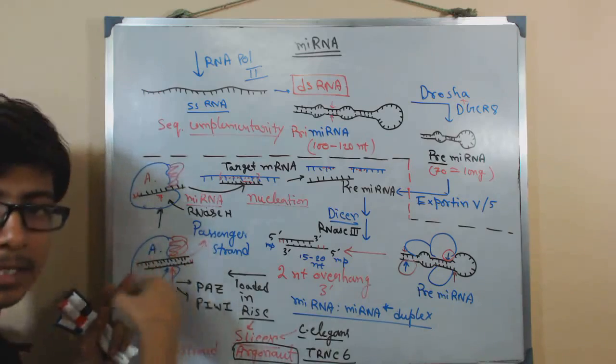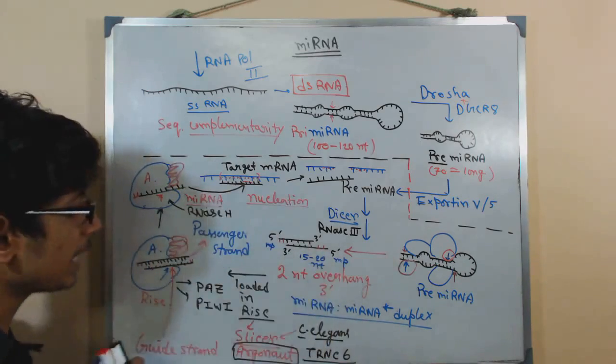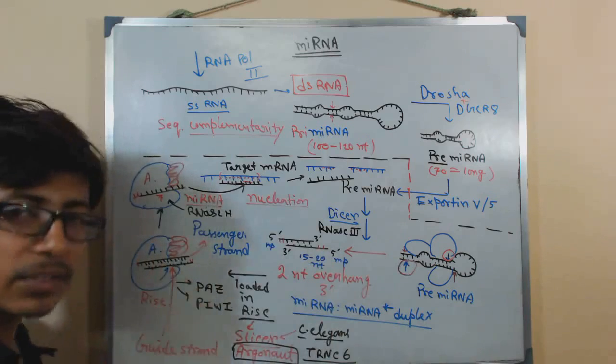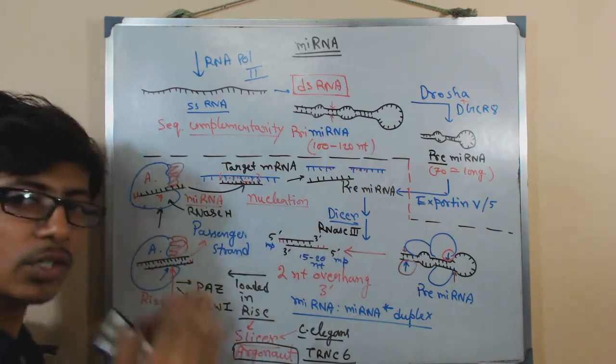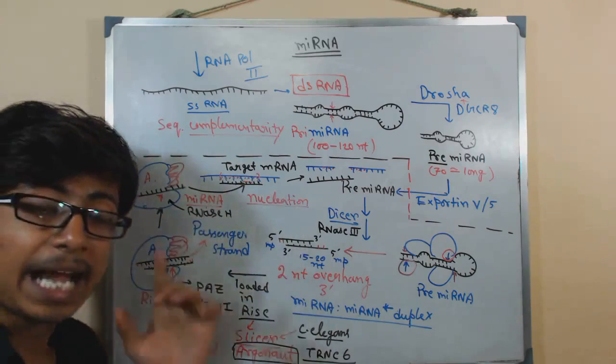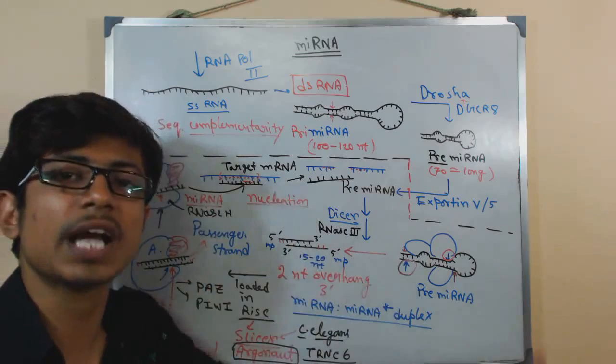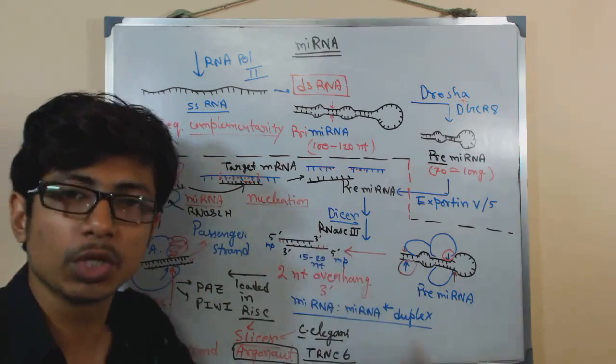complex will unwind the double-stranded RNA, release one strand which is called the passenger strand, and hold on to one strand which is called the guide strand. This RISC complex with the guide strand will then attach to the target mRNA. The attachment of the guide strand with RISC to the target mRNA is based on the nucleation model.